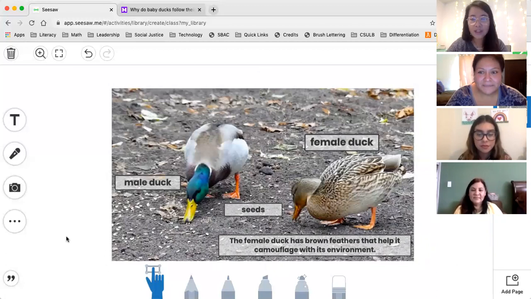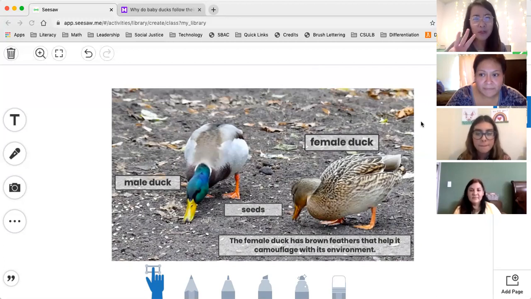Wow, look at how the teachers came up with such clear text features to really help us explain what we see in this photograph. And this really helps us understand what's happening, and it's using our prior knowledge and the new knowledge we learned from watching these videos. So readers at home, you are going to get your own pictures and your own creativity to really create text features that can really explain the picture that you're going to be given.